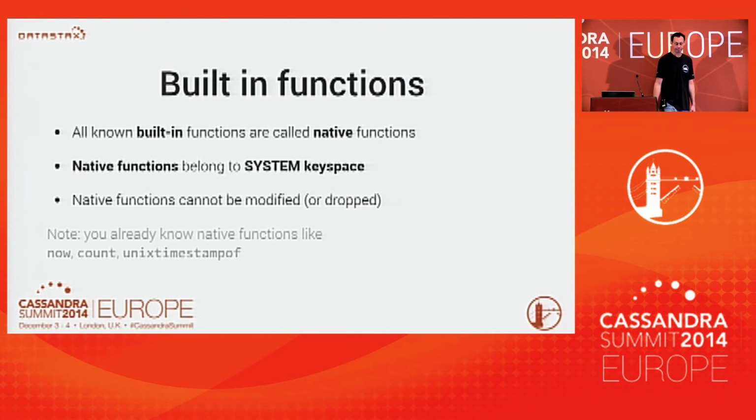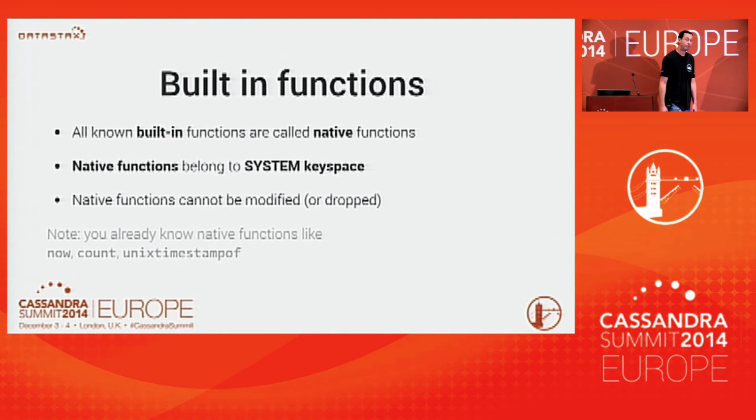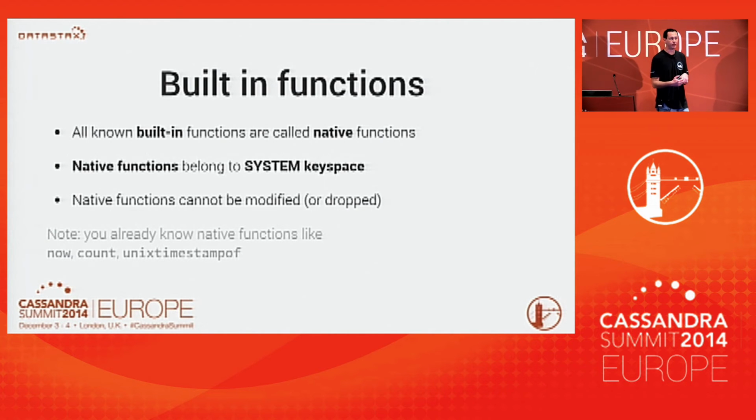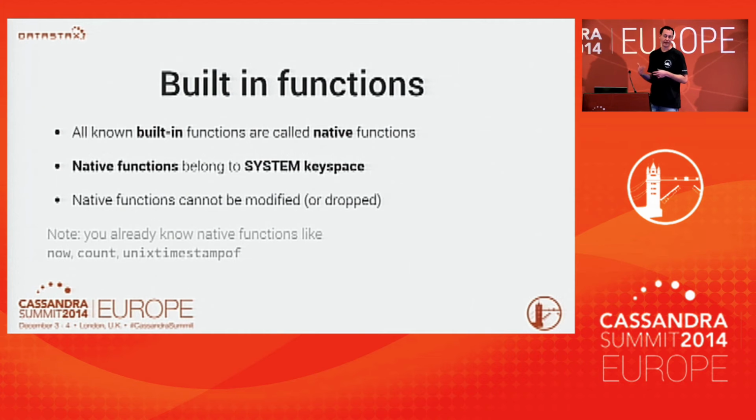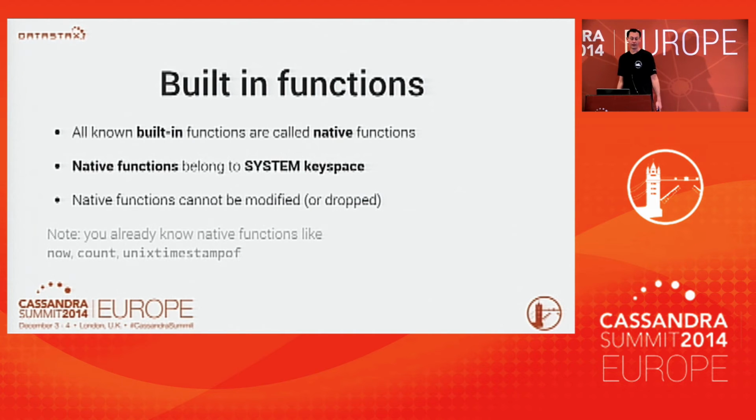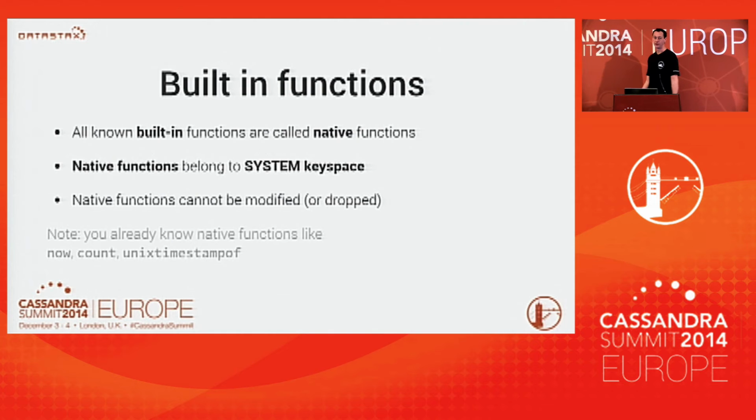There are also still the functions you're used to, like now, count, timestamp off. They are now called native functions. And there's a reason that they have to belong to the system key space. It's just because you can't modify them. You can't even drop them.